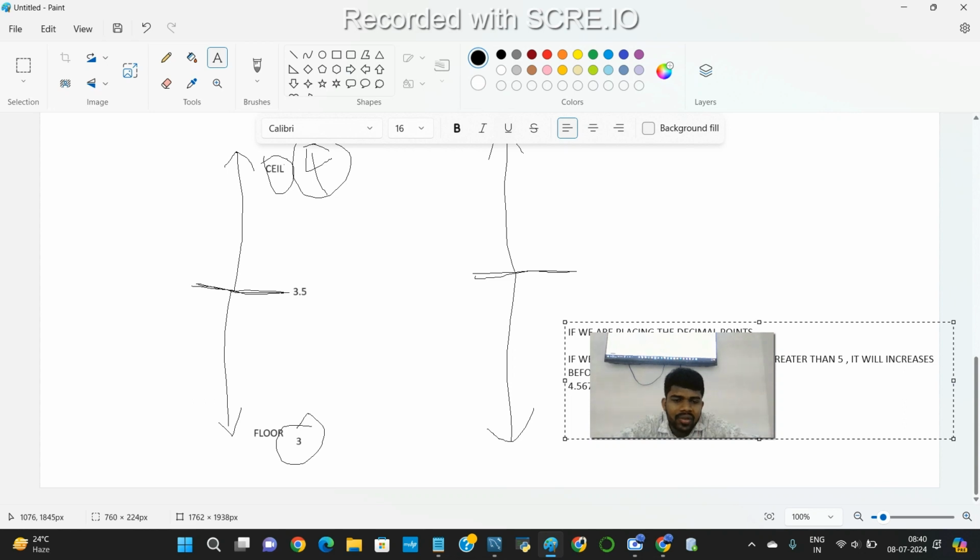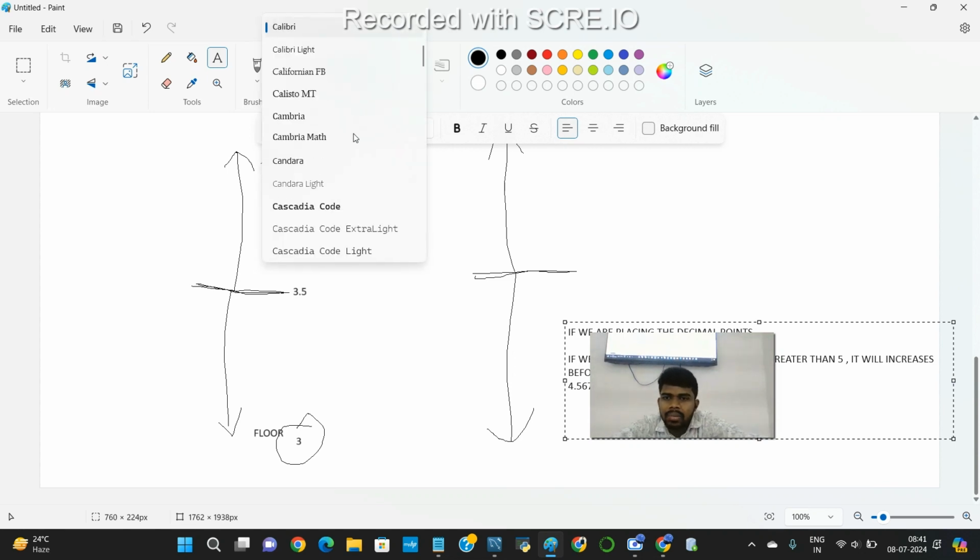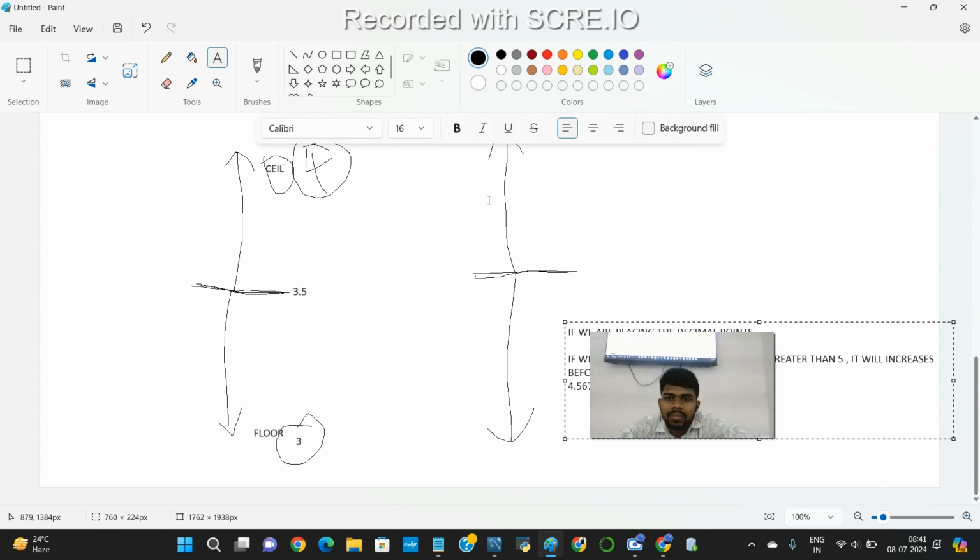Since the removed number 7 is greater than 5, I add 1 to the 6 before it, so that it becomes 4.57.